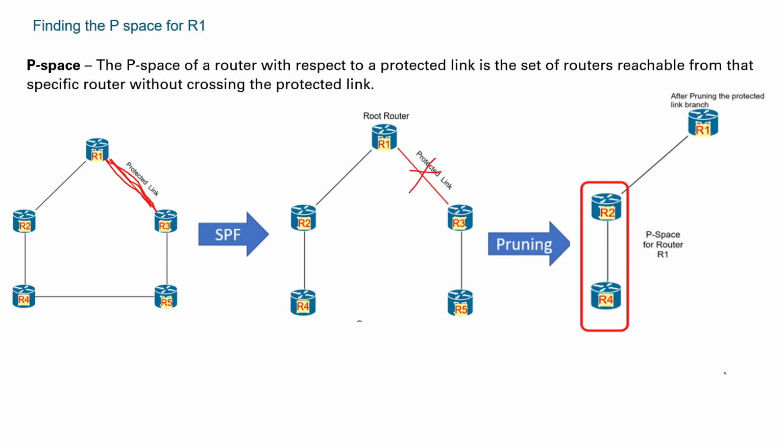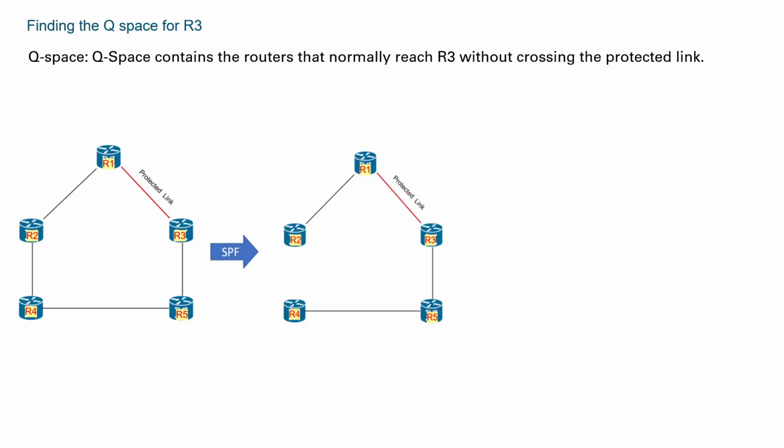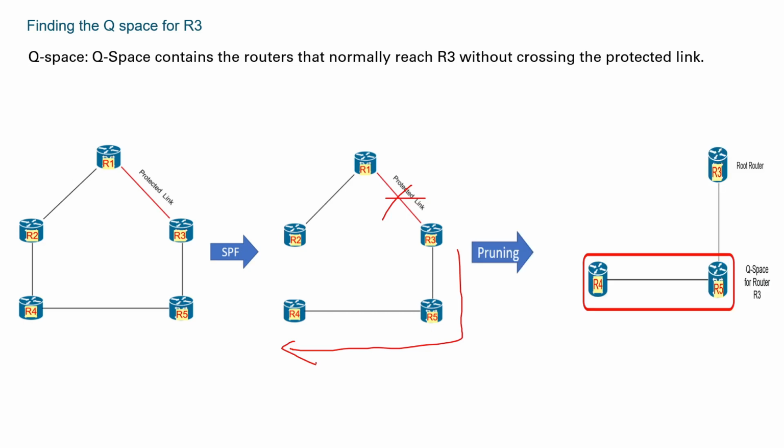R2 and R4 are in the P space of router 1. If we talk about the Q space for R3, if we run the SPF for R3, this is the SPF graph for it. If we remove this particular link, then R3 can reach till R4. So this has become the Q space for R3.